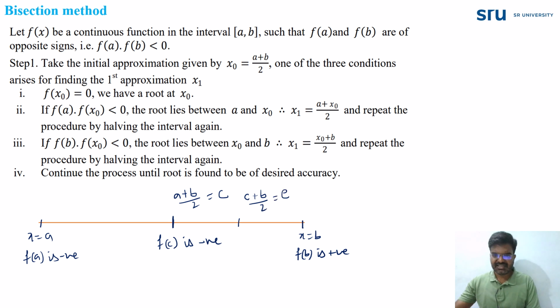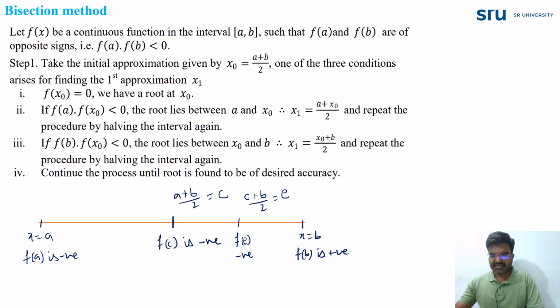We can take this as e. Now we find the functional value at e. Suppose at e the function is negative. Then at e the function is negative and at b the function is positive, so the function has different signs at e and b. So the root lies between e and b.